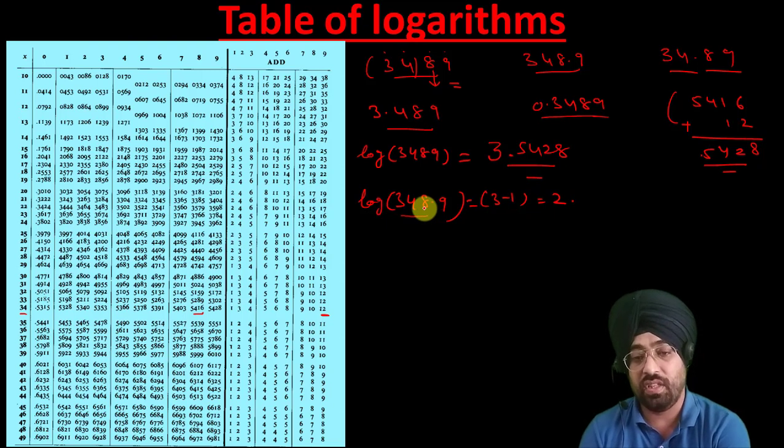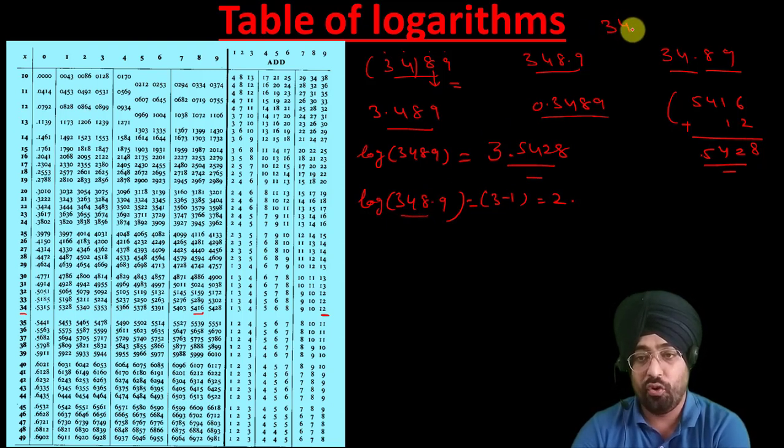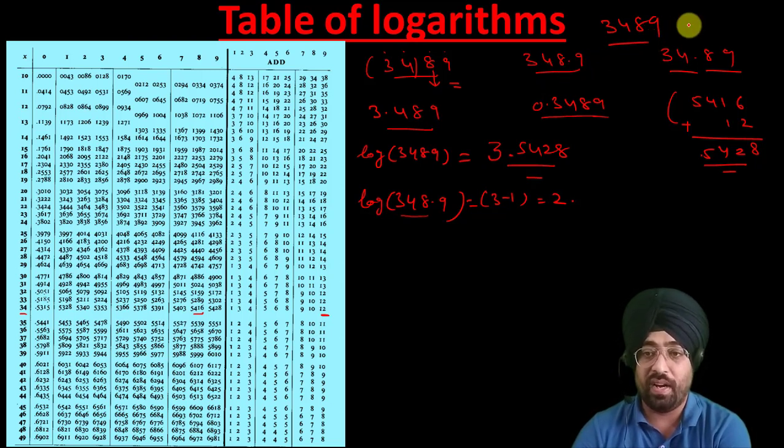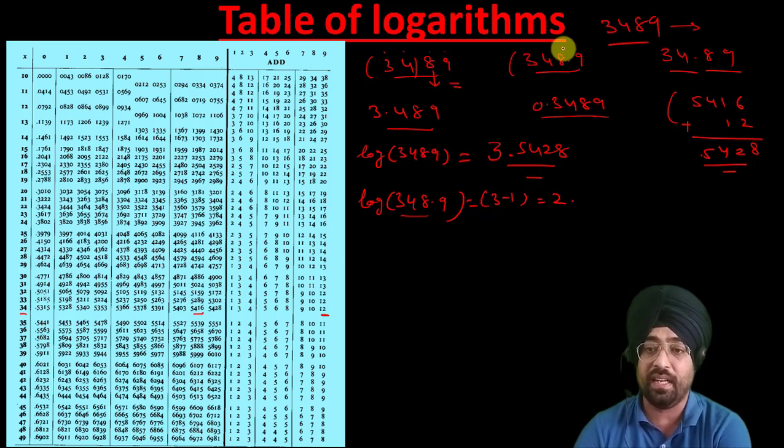So when we have to see a mantissa, if decimal points are there, then while considering the mantissa we will simply write it as 3489. We just omit this decimal point. If a decimal is given, when we have to find the mantissa, just write the number without the decimal. But this decimal will be useful when we have to find the characteristic, because for the characteristic we consider only the integral part.